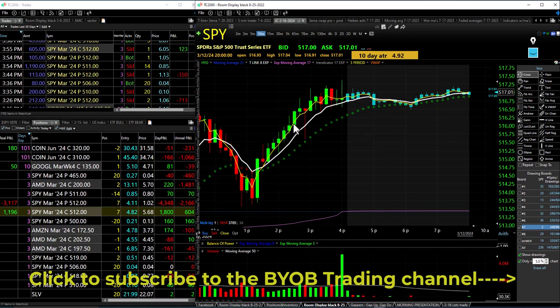When it comes back to the 3 EMA, I reload 1 or 2, not 20. I just unload 1 or 2. I want to arrive at the destination with a full boat. I want a full cargo ship full of inventory when I get there. That's what I'm looking for.